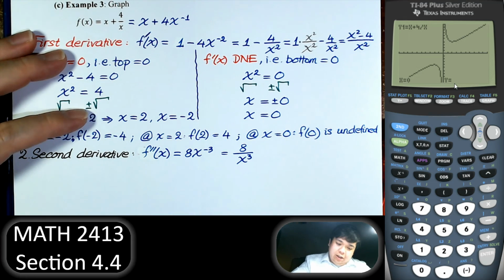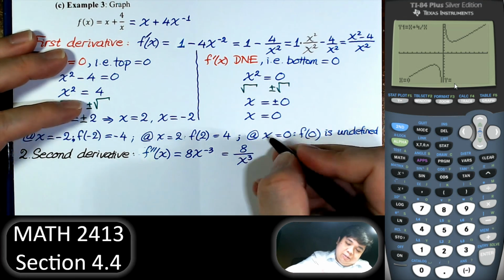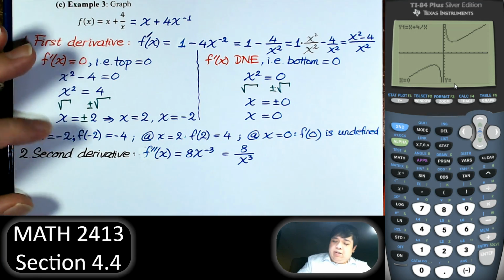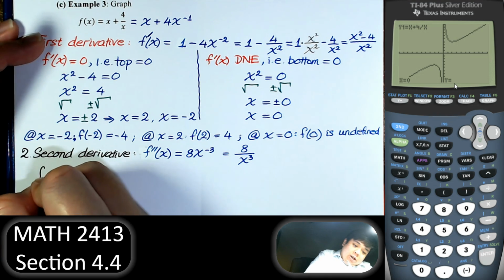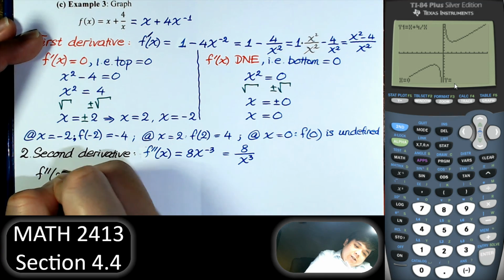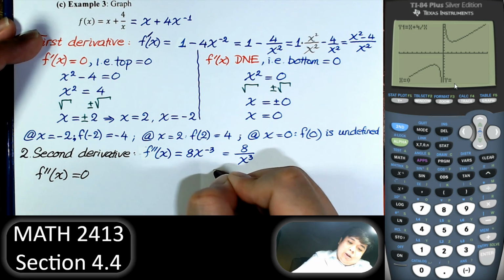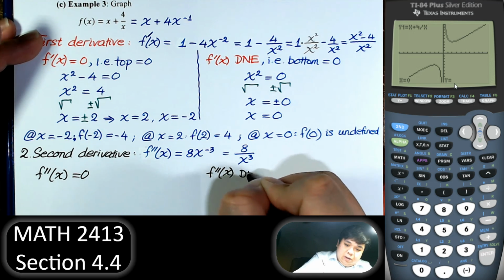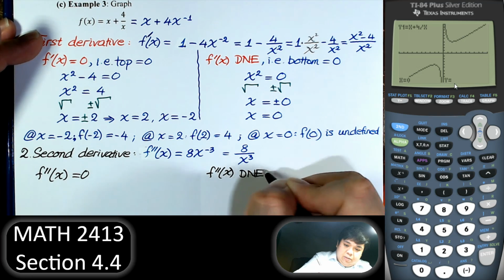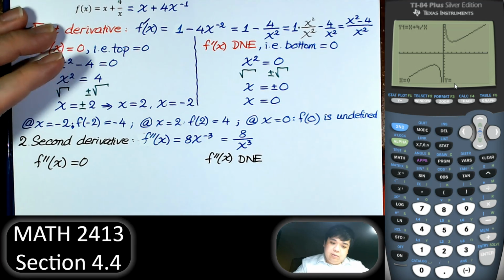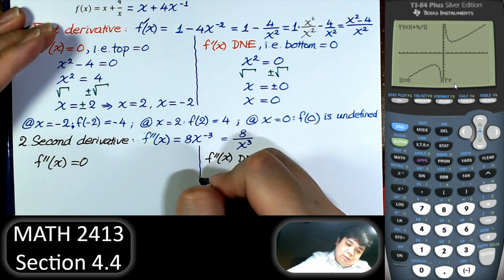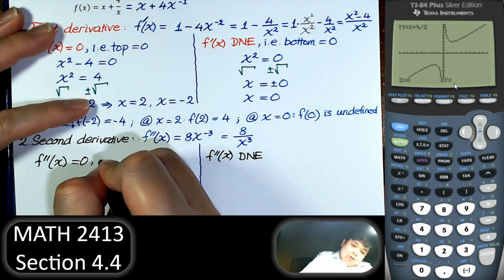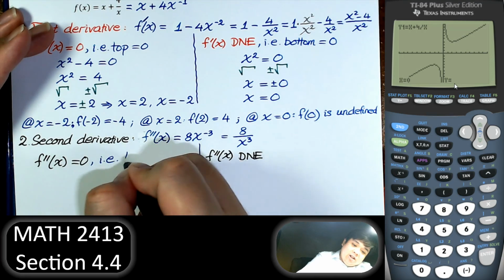Right. So that is the second derivative. Of course, and then I will let that equal to 0 or does not exist. Equal to 0: the top is equal to 0 because we have a fraction here.